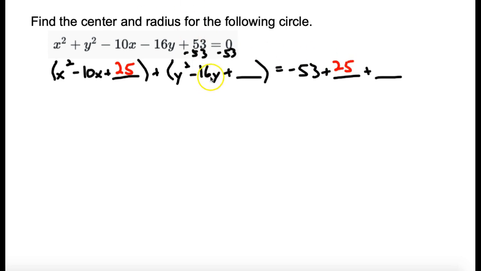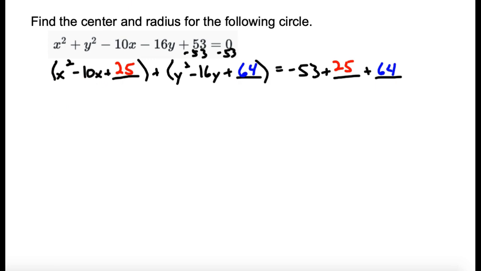And then come over here. Half of b is negative 8. Negative 8 squared is positive 64. So I'm adding 64 to both sides. So now we can complete the square. Remember the shortcut.